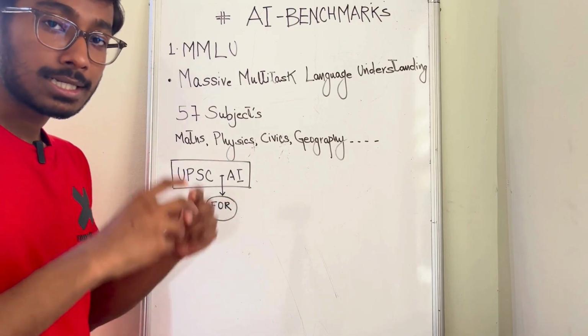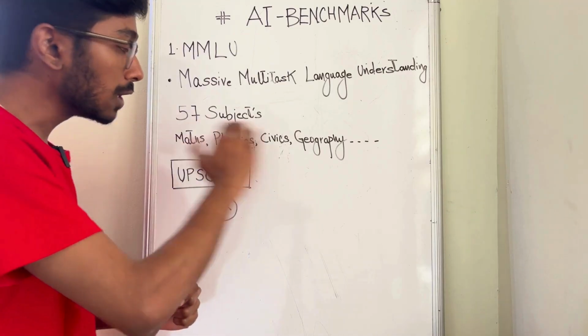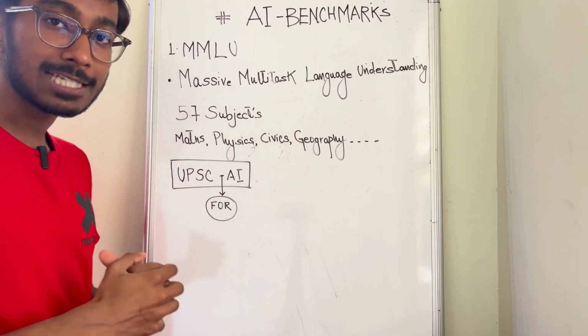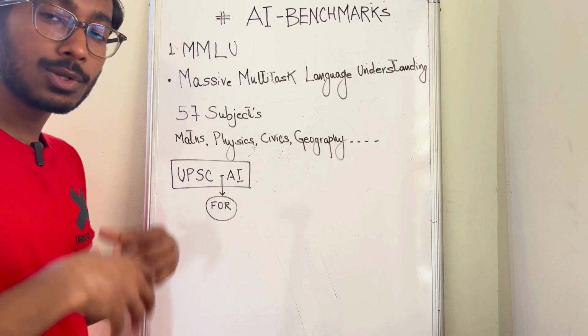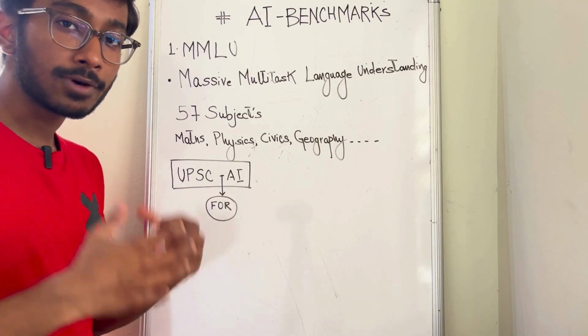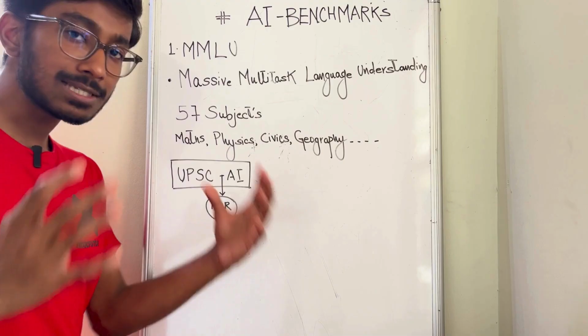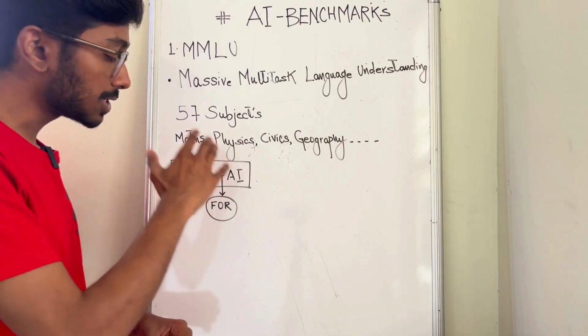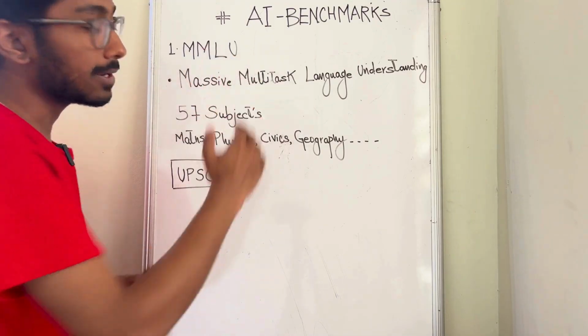The AI is being tested across all 57 subjects. The knowledge base is being tested thoroughly, and you can assume this as UPSC for AI. Just the way UPSC for India is the exam which consists of all subjects, similarly UPSC for AI is MMLU.